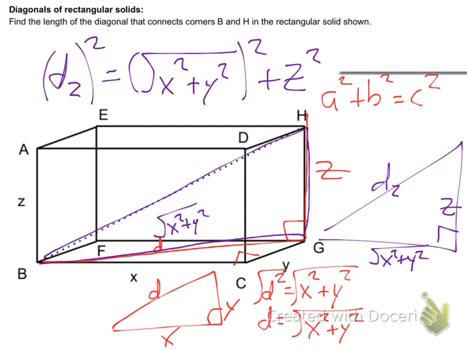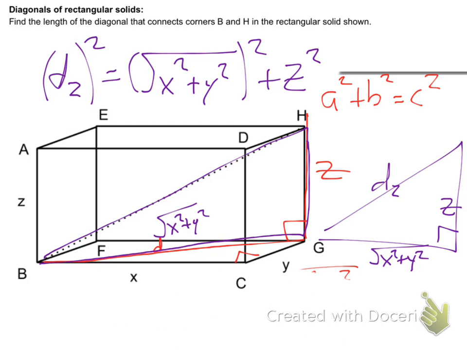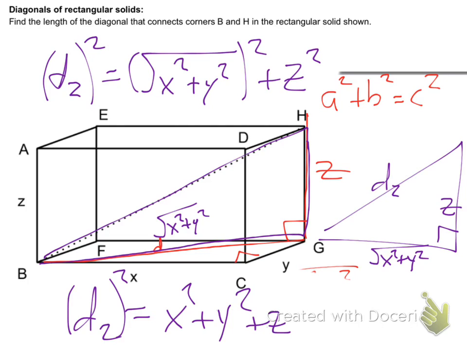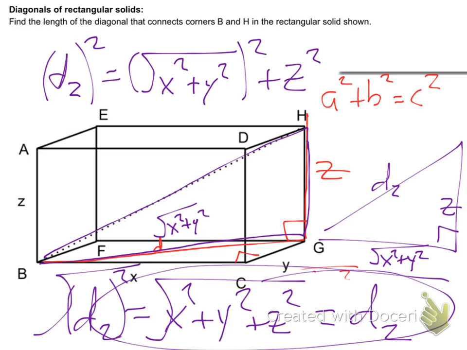I'm going to erase the bottom half. So D2 squared is just X squared plus Y squared plus Z squared. And then the final step would be to take the square root, which will equal D2. I basically created the formula, guys.